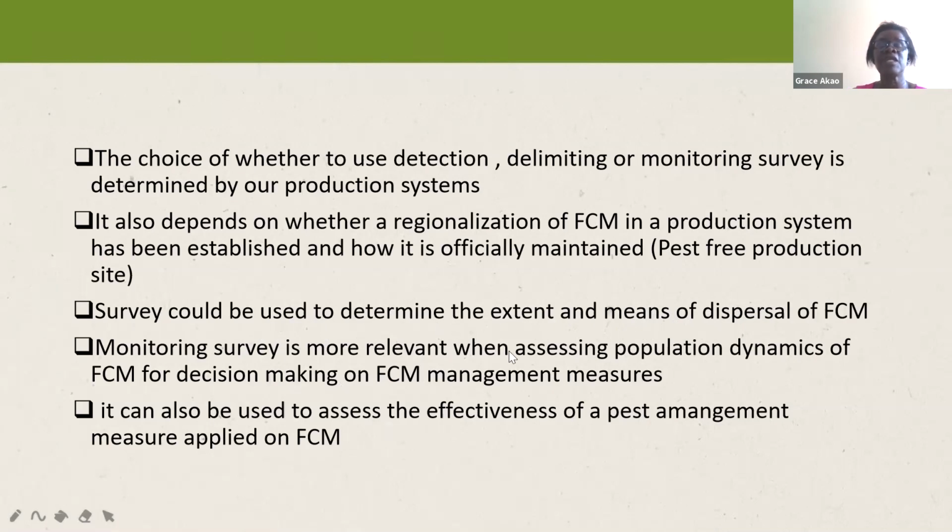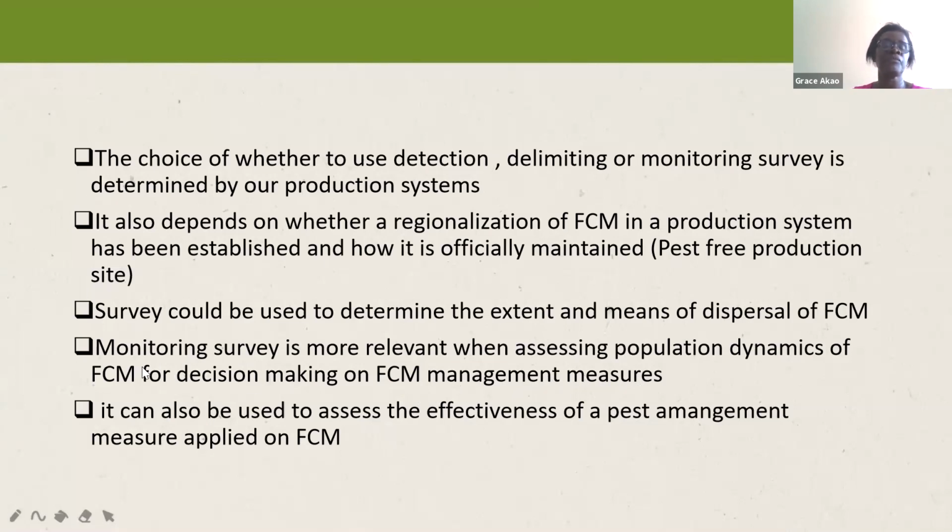So monitoring survey is more relevant when assessing population dynamics of FCM for decision-making on FCM management measures. So you see how you apply your monitoring survey. You want to decide to apply a control measure, or you're also doing monitoring survey because you want to ascertain the effectiveness of the management measures that maybe a producer has already applied.